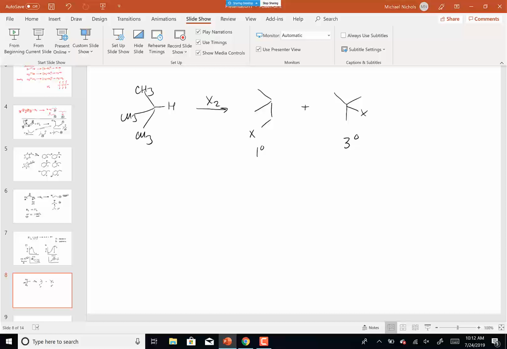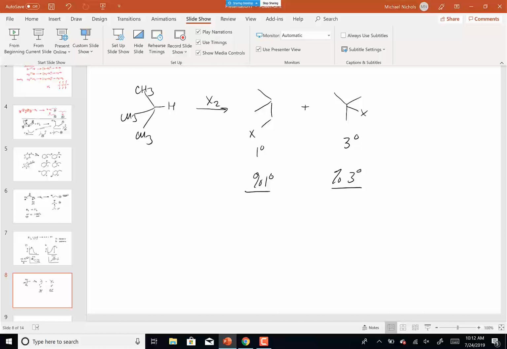Okay. And I'm not going to make up numbers on percentages other than to say percentage primary, and percentage tertiary. So I get those percentages from the GC. Now, does that tell me how quickly I produce my radical?